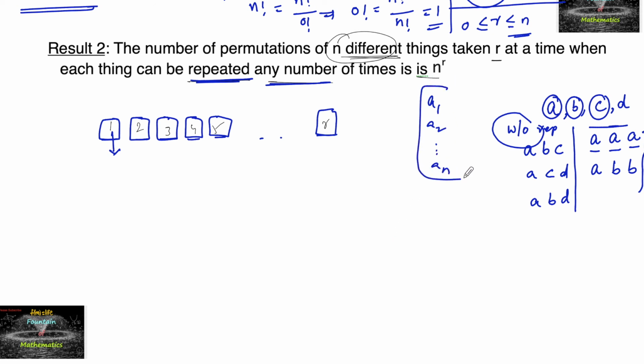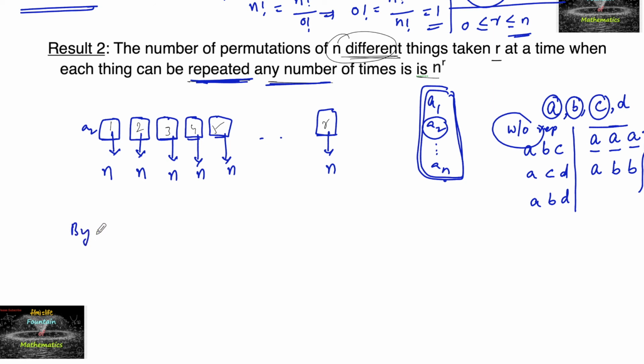So we have n possibilities for filling the first box. Similarly for the second box, if a2 was entered in the first box, there is again a possibility of writing a2 here because repetition is allowed. So again we have n possibilities, even including a2. Similarly, the third box has n possibilities, the fourth also, the fifth also, and so on. The rth box also has n possibilities.